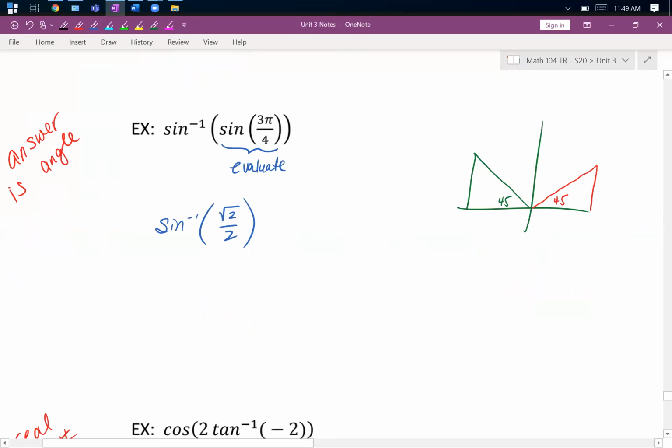So we're going to get that this is equal to pi over 4. And our answer is an angle like we said it would be, because the outermost function is an inverse function. Questions?